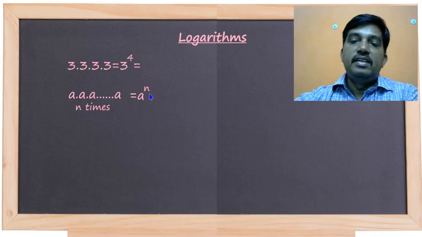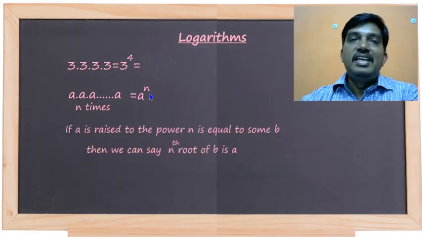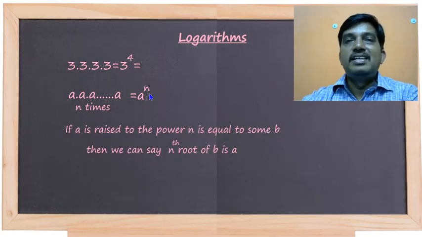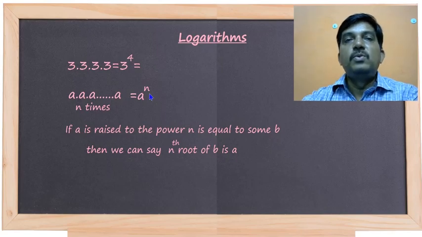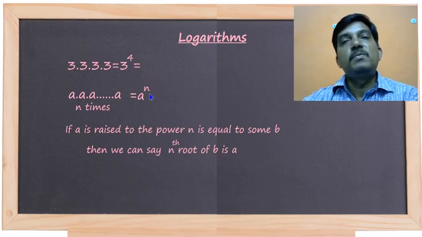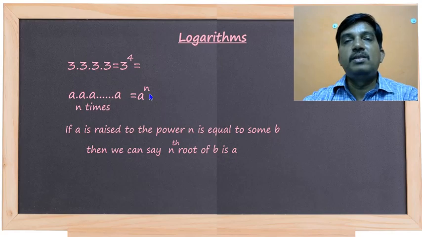And if a raised to n is equal to some b, then we can say that nth root of b is a. That is the meaning of nth root of a real number.